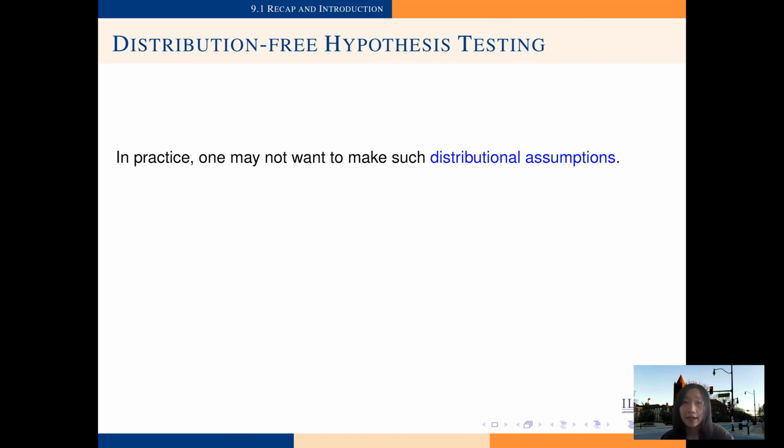Our question is as follows. In practice, one may not want to make such distributional assumptions about X. We might not know whether the X's are IID random samples from the normal distribution with similar variances in the two groups.